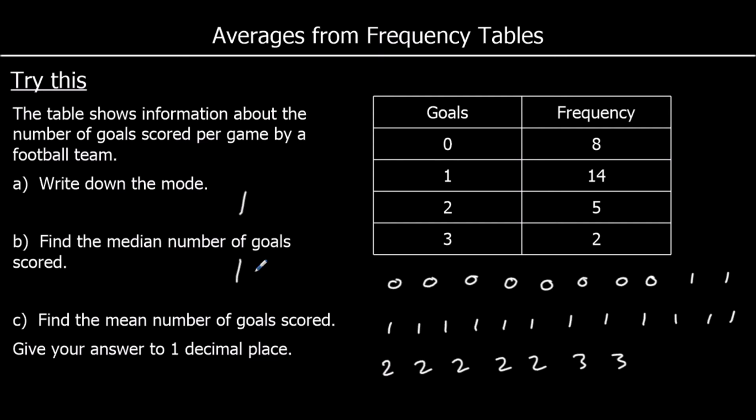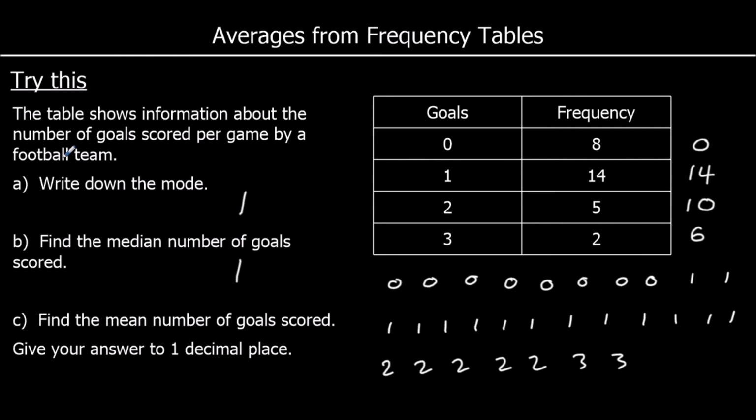And the mean, so to find the mean, we're going to add them all up and divide by how many there are. So we've got 8 zeros, which is 0. 14 ones, which makes 14. 5 twos, which is 10. And 2 threes, which is 6. So we've got 0 plus 14 plus 10 plus 6, which is 30.